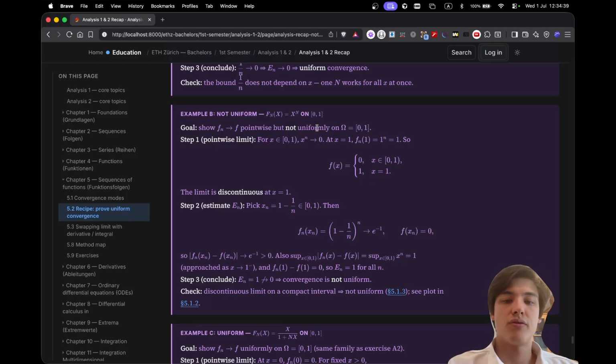That's not uniform. Oh, here it doesn't include 1. Even if we have a super large n, it still starts going up very fast at some point.